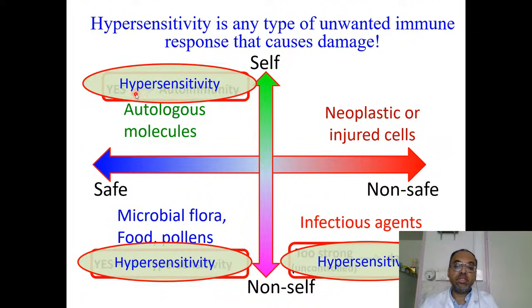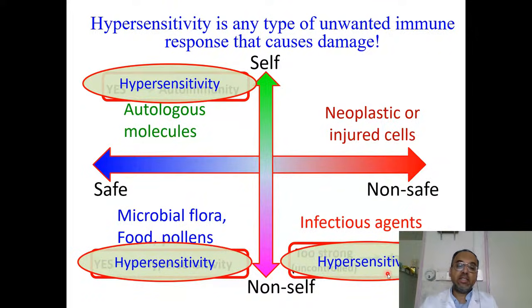We can have hypersensitivity here when we have an autoimmune response against our own antigens. And we can have hypersensitivity against infectious agents when the immune response is too strong and it causes damage. So in this class, and the majority of the classes that you will have in this course or you had in the past, we are using the broad sense of hypersensitivity.